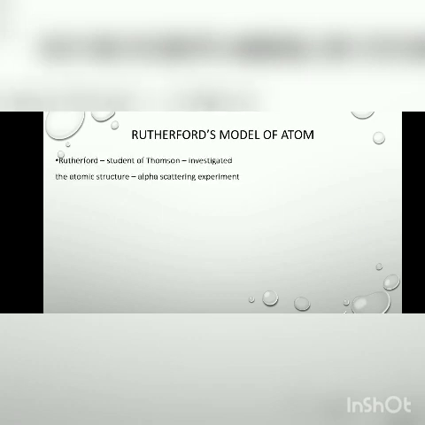Next we are going to discuss Rutherford's model of the atom. A much more satisfactory model was proposed by Ernest Rutherford. Rutherford was a brilliant scientist who performed many experiments to study the structure of atoms. He was a student of J.J. Thomson.